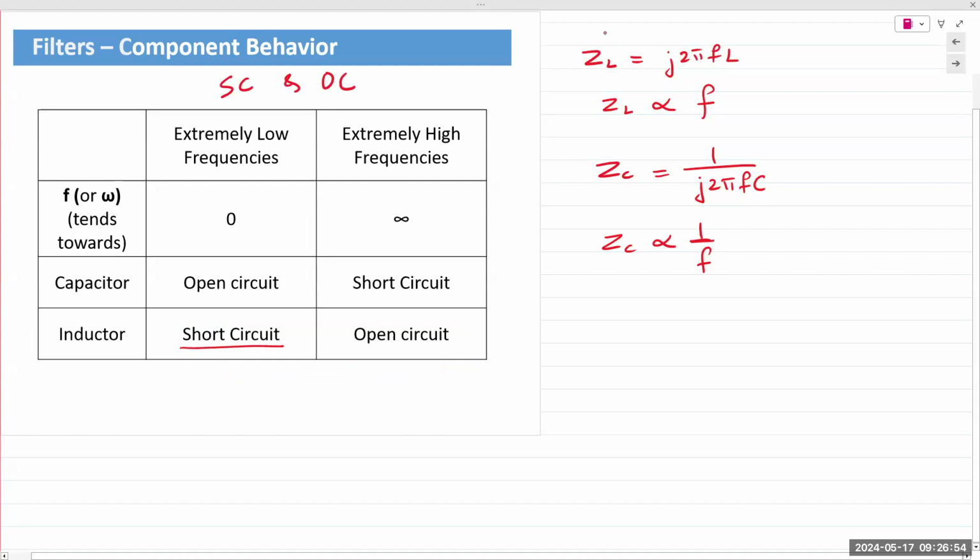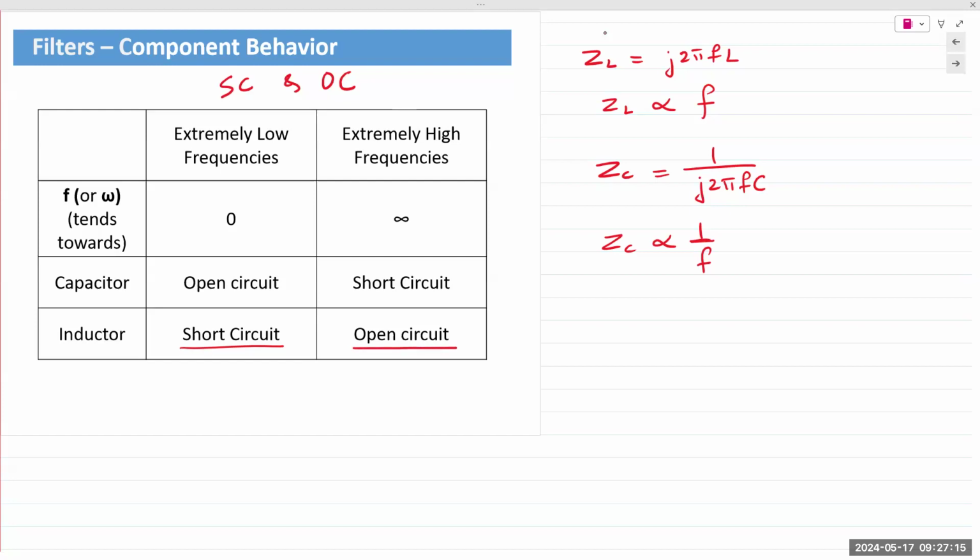And at extremely high frequencies, the inductor opposition increases as the frequency f tends towards infinity. The inductor impedance increases and it behaves like an open circuit. Make sense? Right? A capacitor behaves exactly the opposite, reciprocal of frequency.